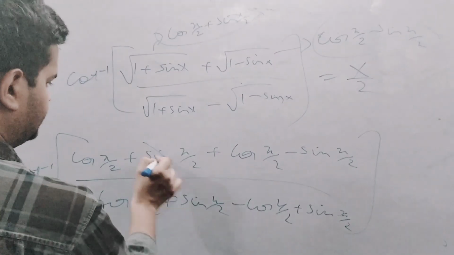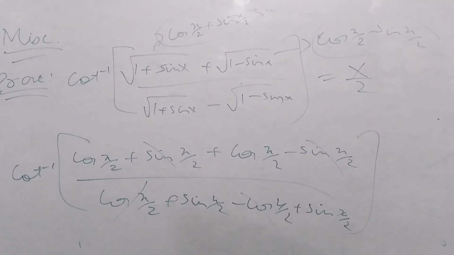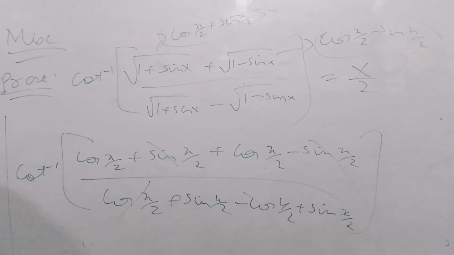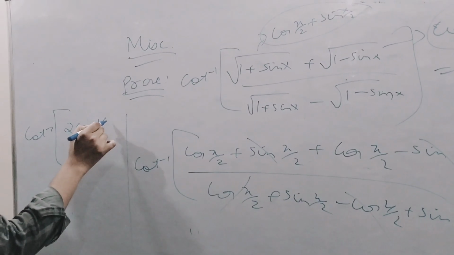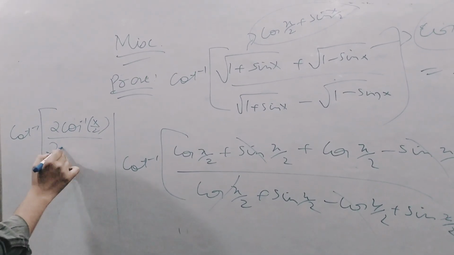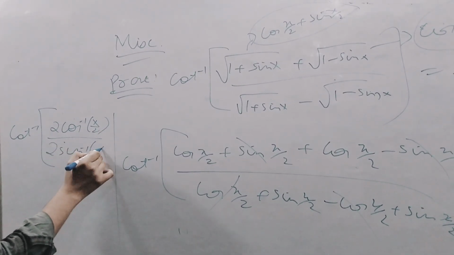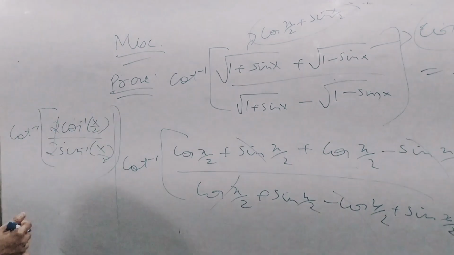Here sin is cancelled out and here cos is cancelled out. What do I get now? Cot inverse of 2 cos x upon 2 upon 2 sin x upon 2. The 2 is cancelled out, so it is cos upon sine.